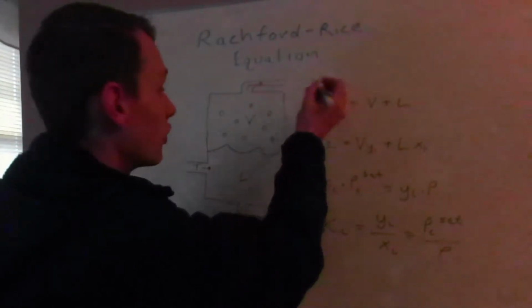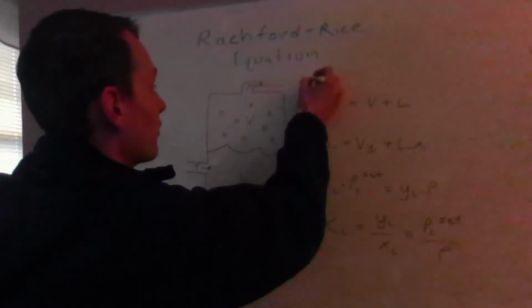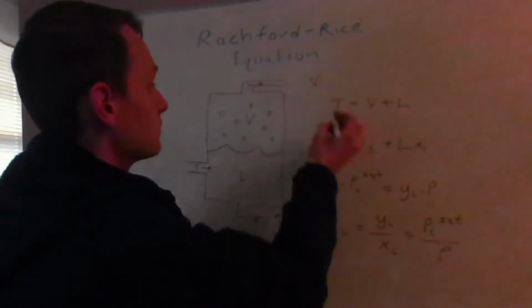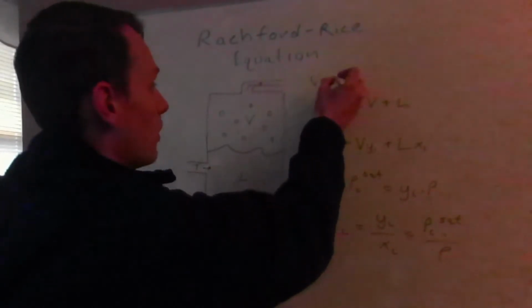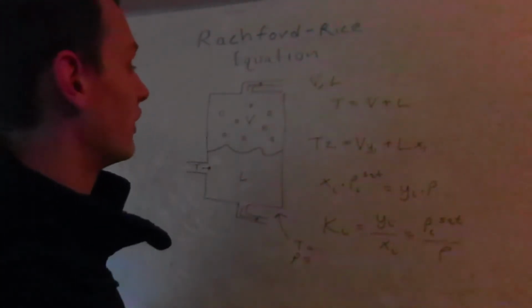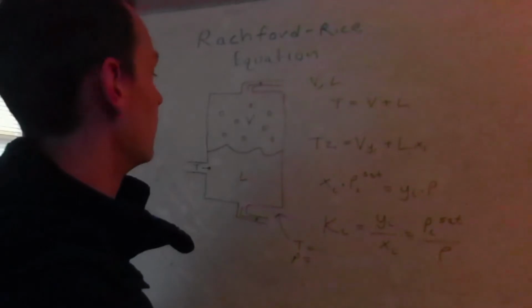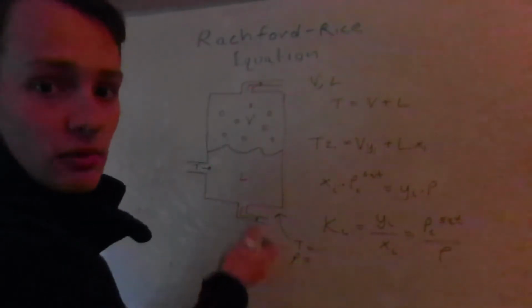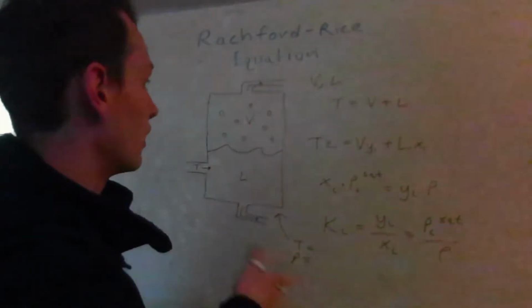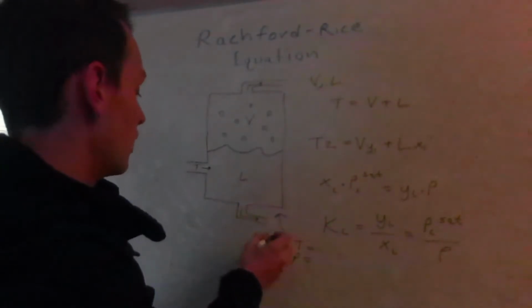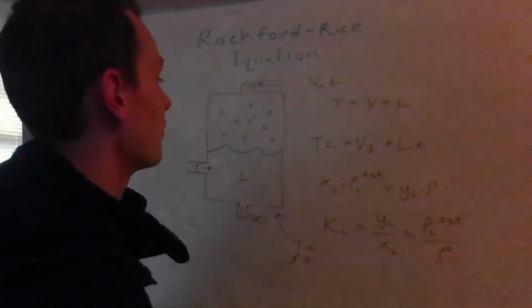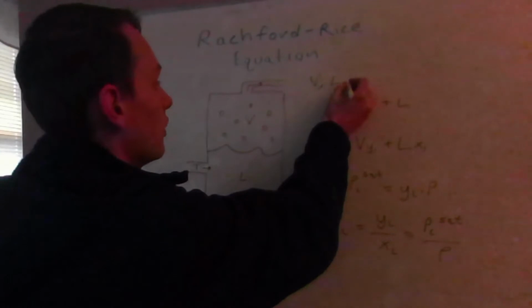Obviously, we want to know the total amount of moles in the vapor phase, right? So we want to know V, and we want to know L. We want to know the moles in the liquid phase, of course. And obviously, that would actually be represented as moles per second, a flow rate that's exiting from below for the liquid phase or from the top for the vapor phase. So we want to know those.